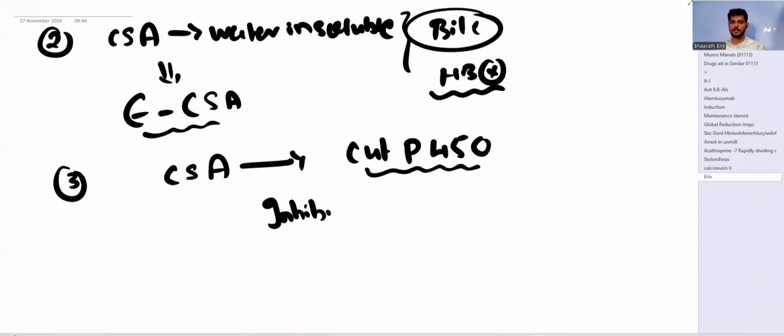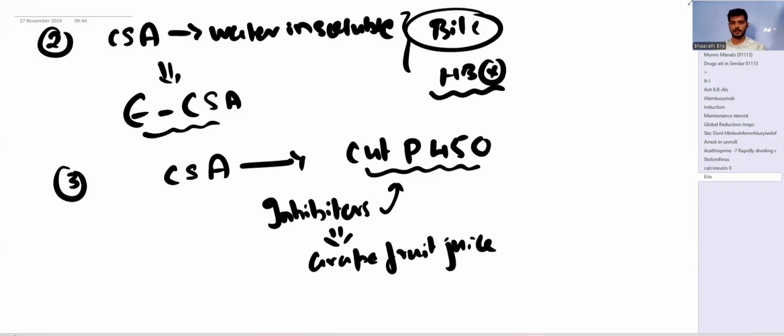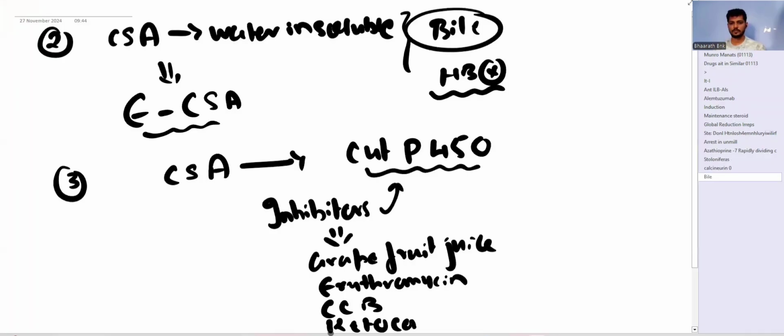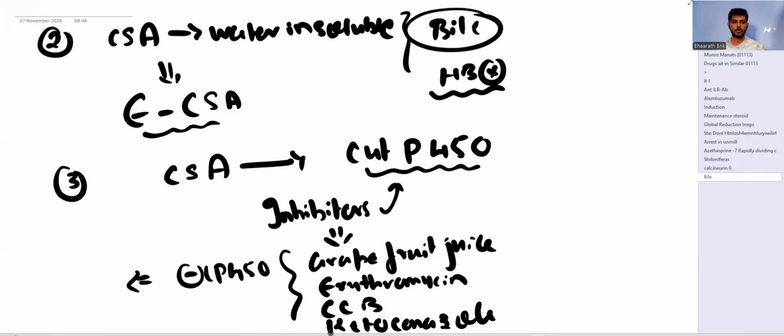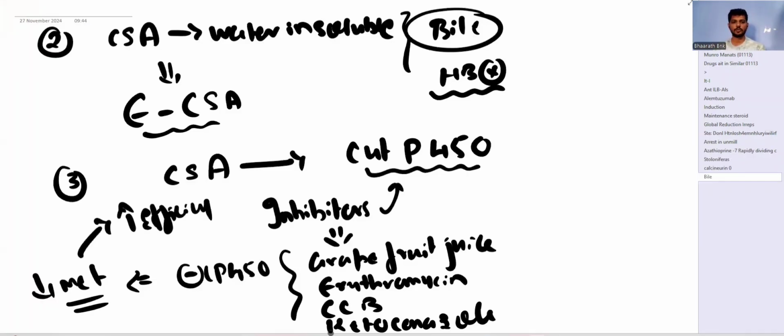For example, the inhibitors of cytochrome P450 are grapefruit juice, erythromycin, calcium channel blockers, and ketoconazole. These drugs will inhibit cytochrome P450. As a result, they will slow down the metabolism of this drug, so more drug is available and they increase the efficacy and the toxicity both of cyclosporine A.